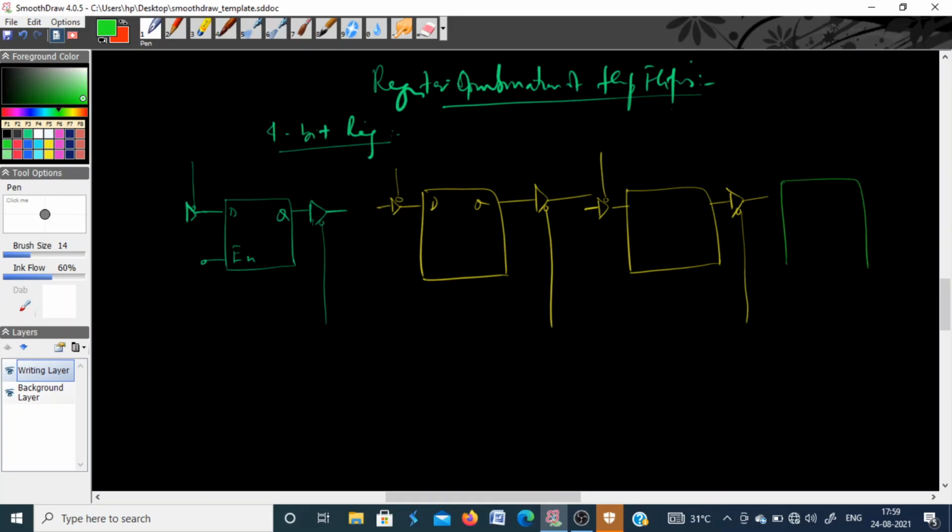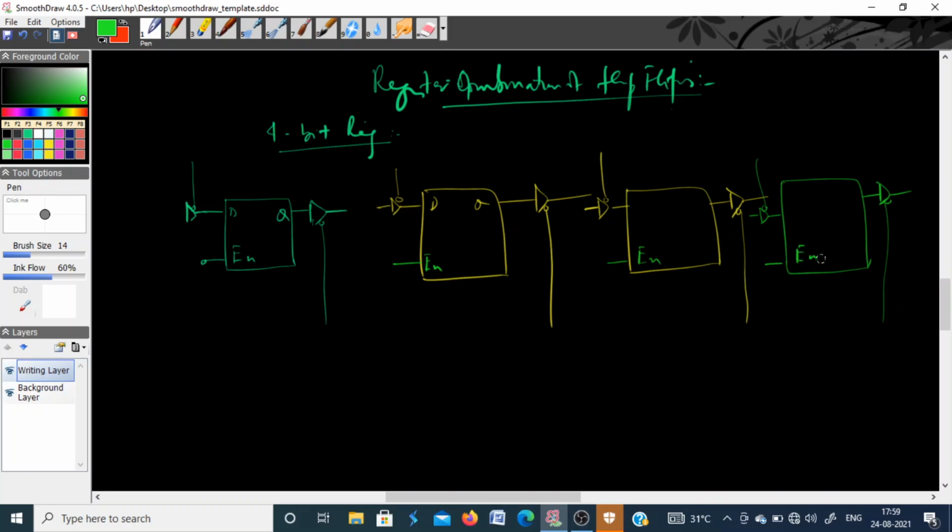So 4 flip-flops are there. So this is input, this is output. Okay, so all of them have their own enable signals, enable pins, you can say.